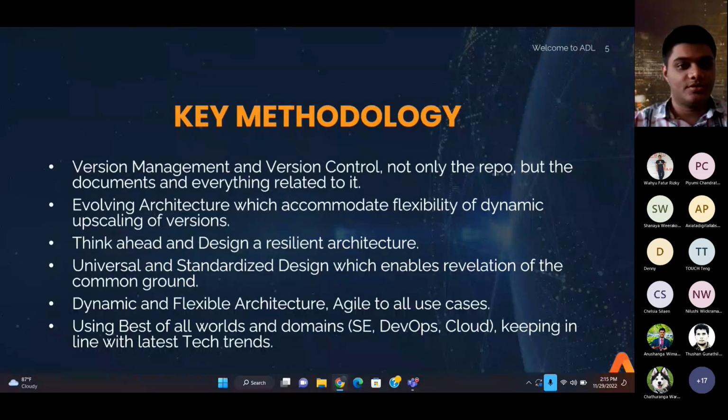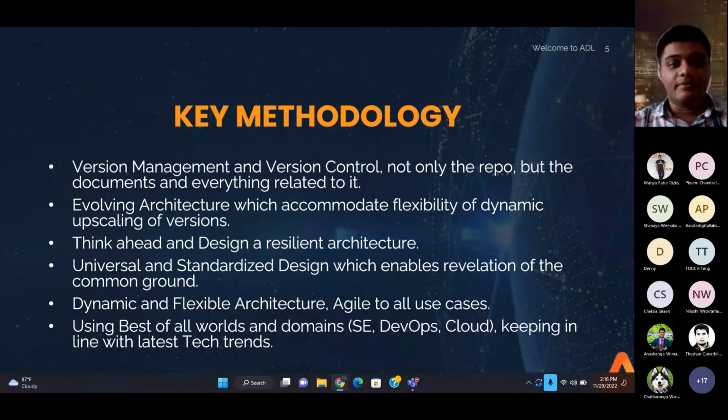So, the key methodology. What we are going to see in this slide is the methodology that should be adhered to, or could be taken as a guideline, in an attempt to understand and create such platform business solutions.